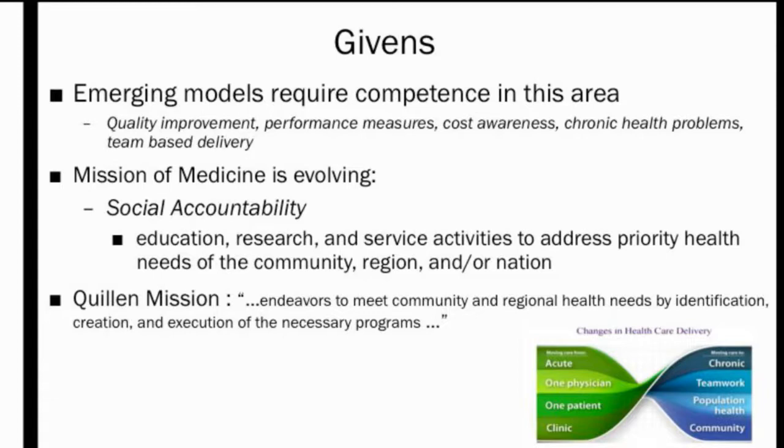It's embedded in our mission statement and in the professional statements of all the societies related to the practice of medicine. So for all these reasons, we need to be addressing how we incorporate this, both in educating students and residents, and ourselves, and in practicing in a way that reflects it.